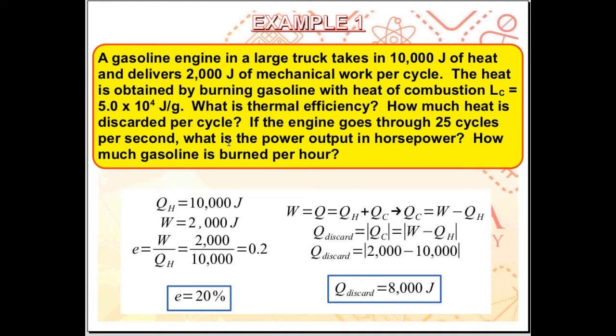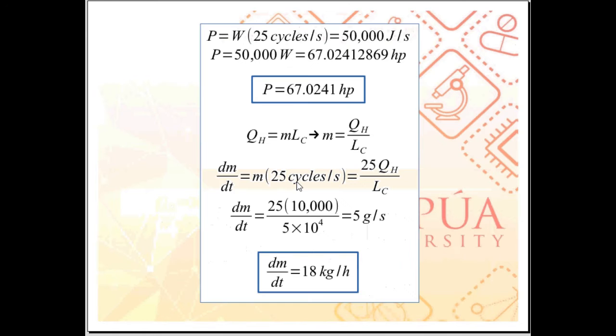Finally, how much gasoline is burned per hour? At 25 cycles per second, QH is due to burning up fuel. So QH is just equal to M LC, and M is equal to QH over LC. Now, the amount of mass per second that is burned is the mass for one cycle times the number of cycles per second.